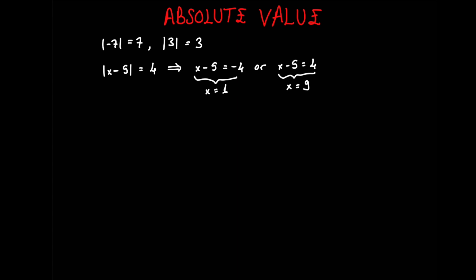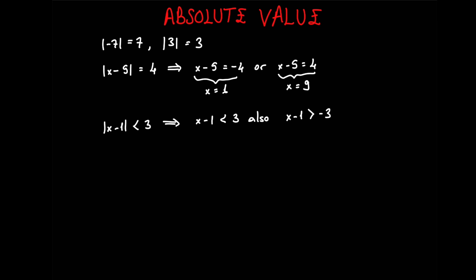Now let's continue with an inequality. Here, the absolute value of x minus 1 is less than 3. So what does that mean? That means that the distance between 0 and x minus 1 must be lower than 3. So I can say x minus 1 must be lower than 3. Also, x minus 1 must be greater than minus 3.